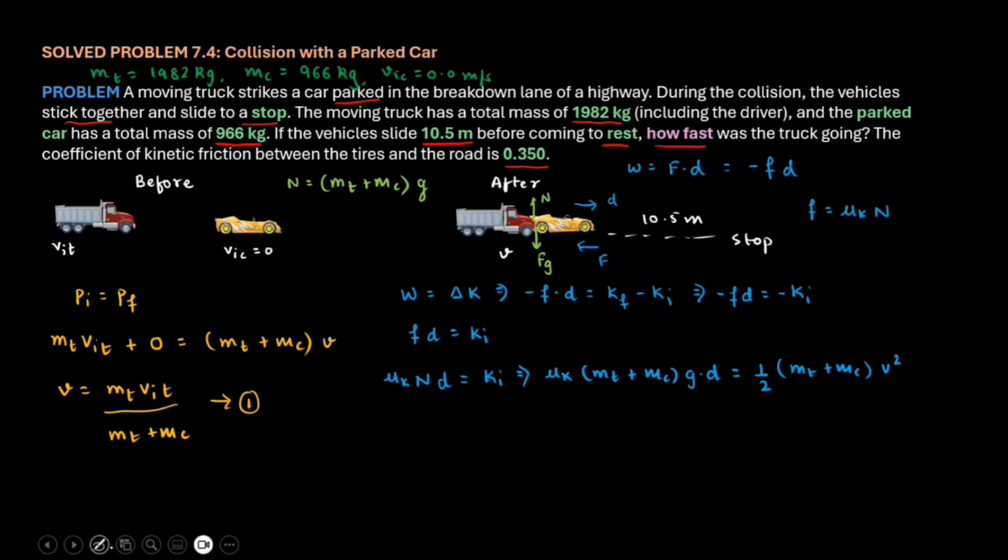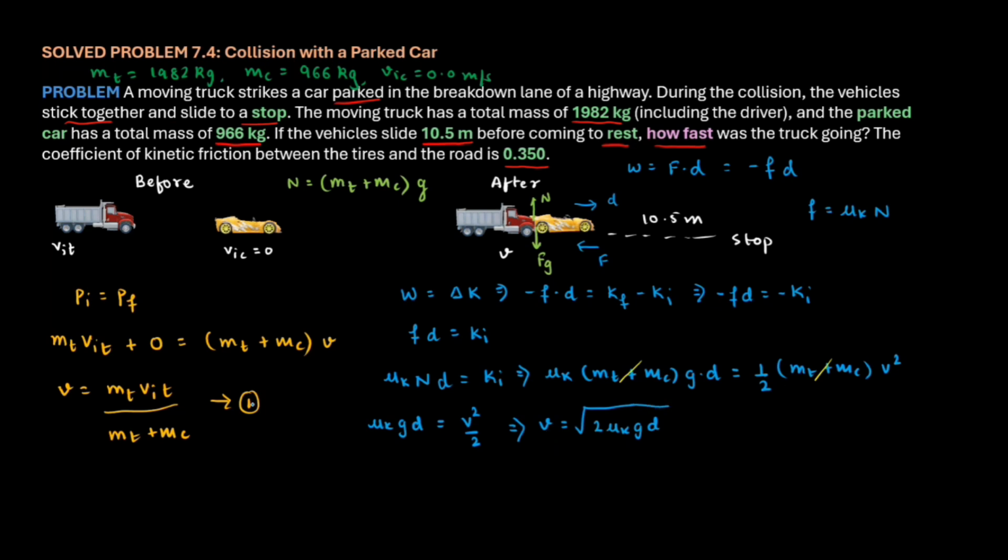Now we can cancel off this term over here because it's present on both sides of the equation and it is multiplied with each term. And then we are left with mu k g d equals v squared by 2. Now let's move 2 to the other side and take square root to write in terms of v. So we get v equals square root of 2 mu k g d.